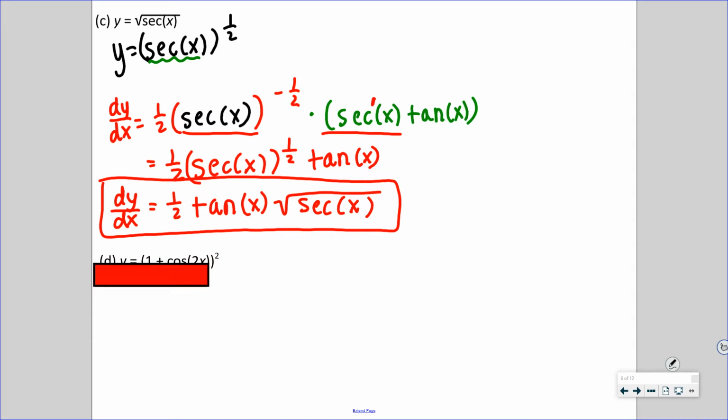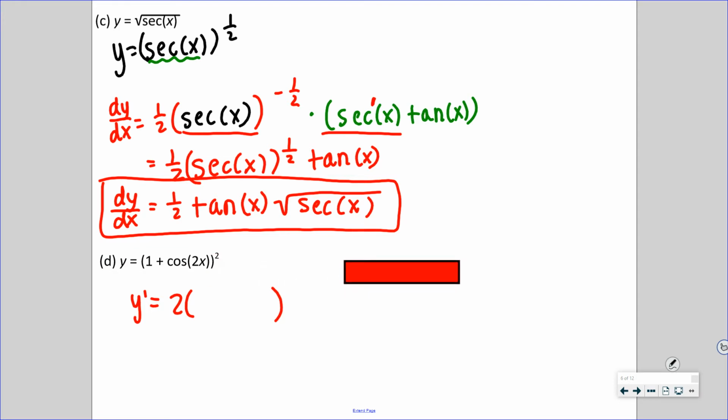Okay, I'm covering up my inside, and I see I have red box squared. I'm like, no problem. I would just bring the 2 in front, red box, drop 1 from the power, so that's just to the power of 1. You don't need to write the 1. What is the red box? The red box is 1 plus cosine of 2x.